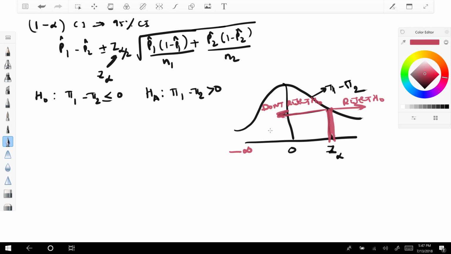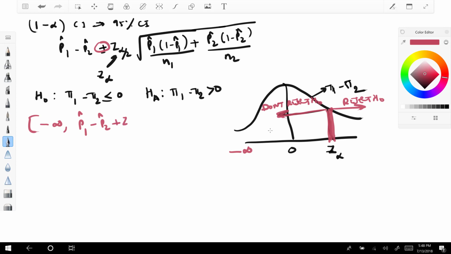In any one-tail test, because we have only an upper bound and no lower bound, our interval would be minus infinity to P1 hat minus P2 hat. Since we have an upper bound, we only take a positive sign. If we had only the lower bound, we would take only the negative sign.